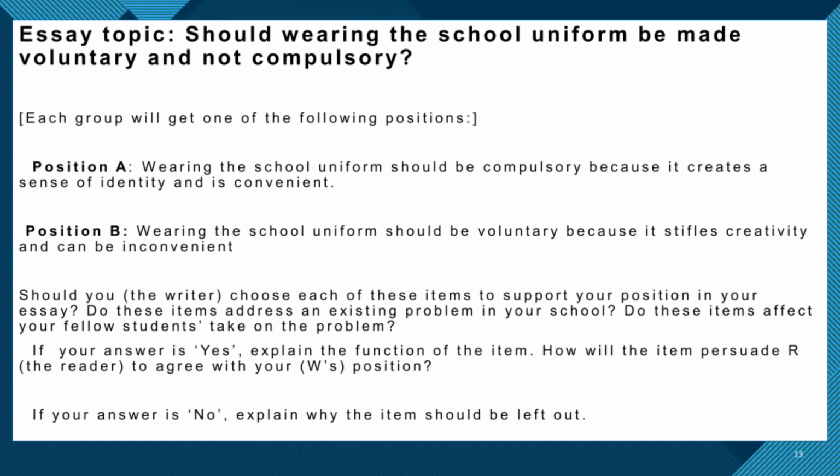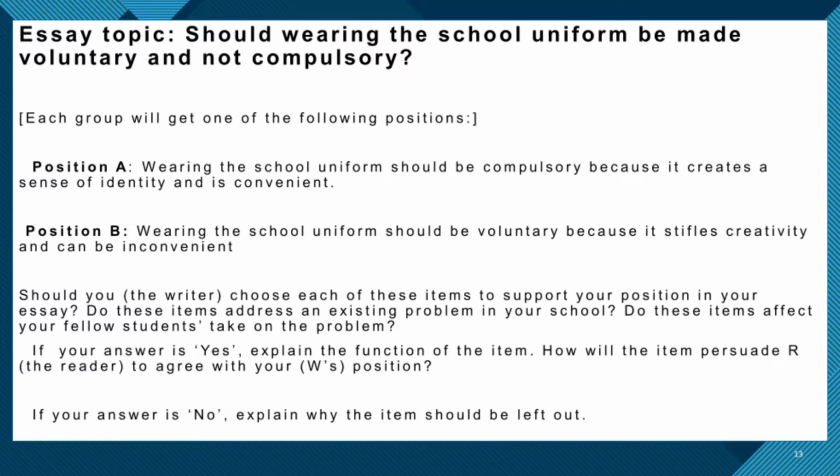Here is an example of a writing task. The teacher gave an essay topic to the students. Should wearing the school uniform be made voluntary and not compulsory? And groups of students were given a list of items and instructed to select items that could be used to support a given position statement. We have two items or positions.